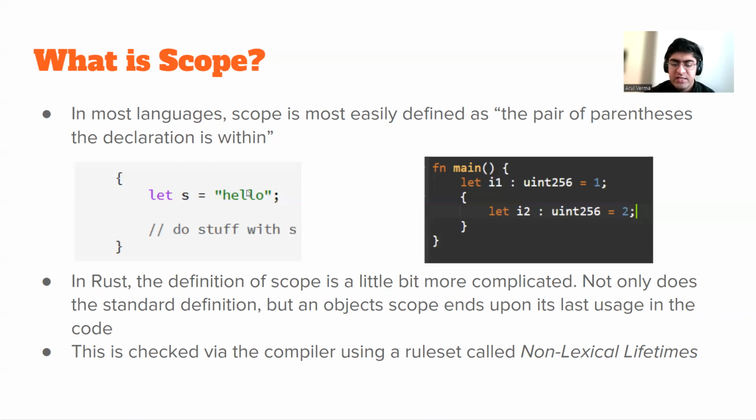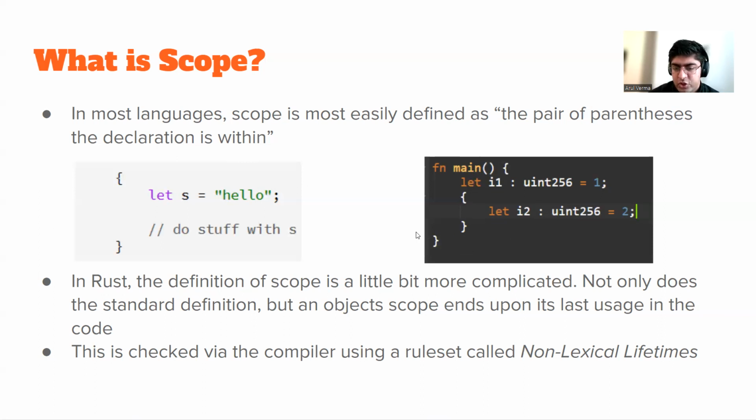Because of that, Rust can check scope and it can end an object's scope at the last usage in the code. So what I mean by this is we see let i1 equals u in i1, right? And let i2 equals u in i2 versus i2.